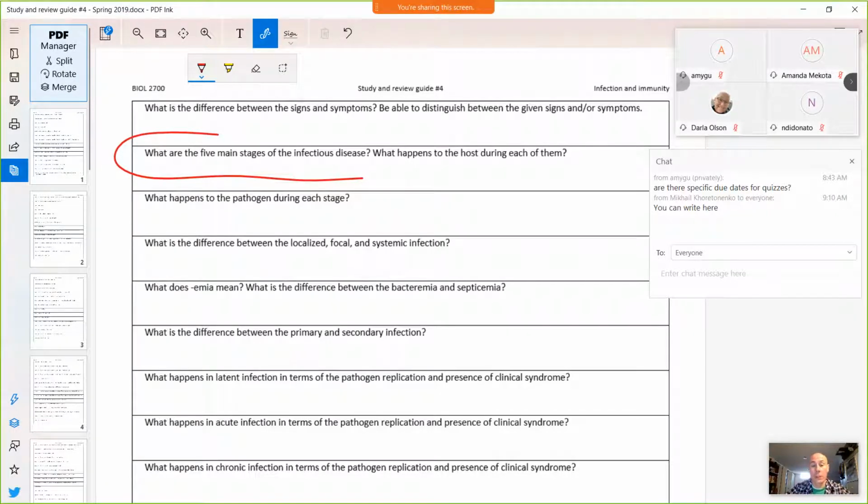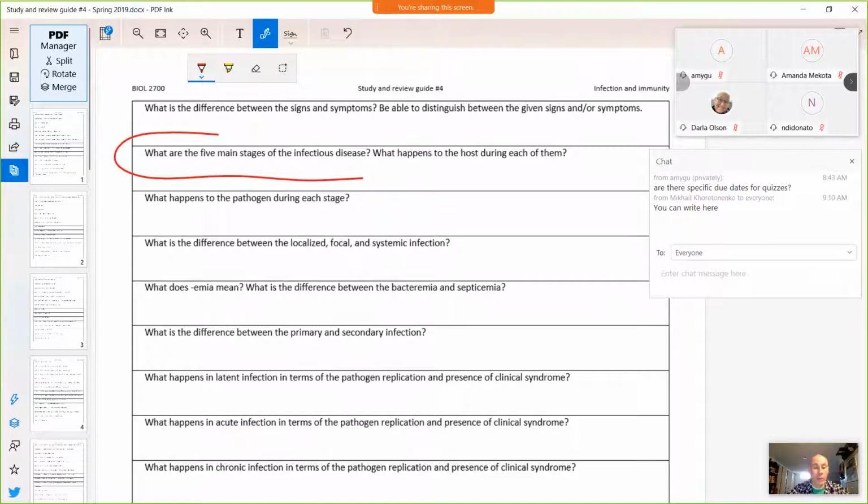Localized, focal, systemic. Localized at the site of infection, sore throat. Focal migrates from the original site of infection to another location. So you get from strep throat to endocarditis. Systemic, multiple organs are involved. Emia means in the blood.